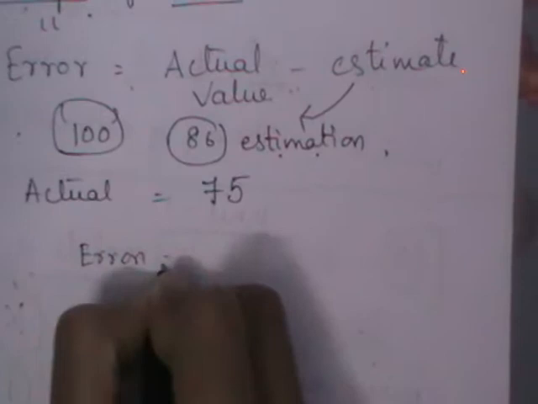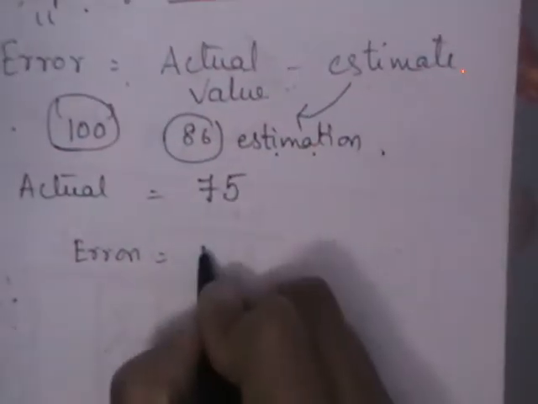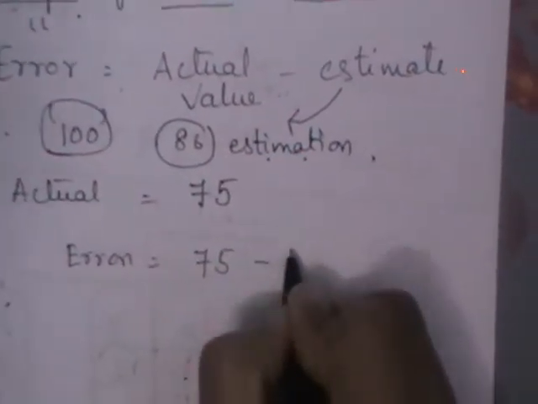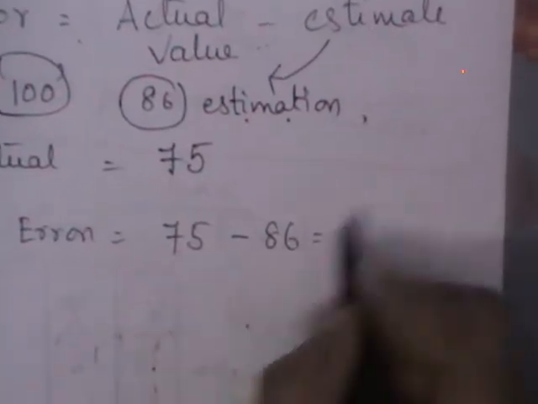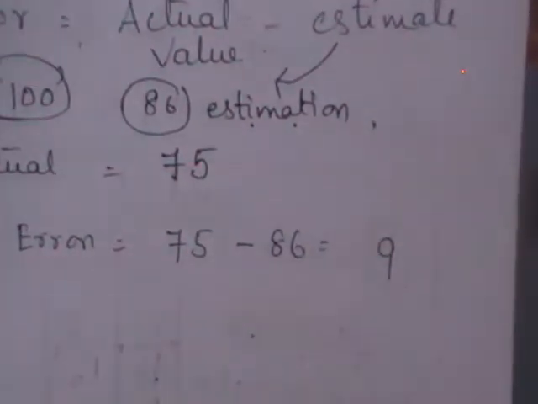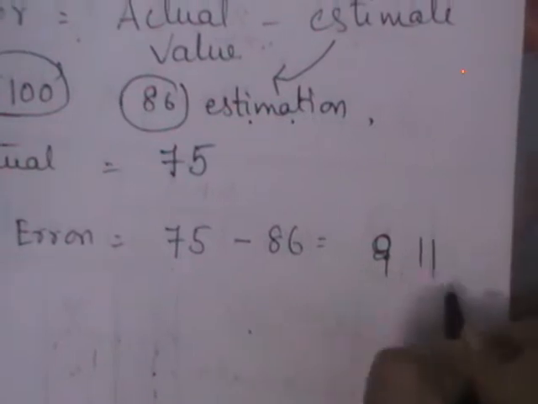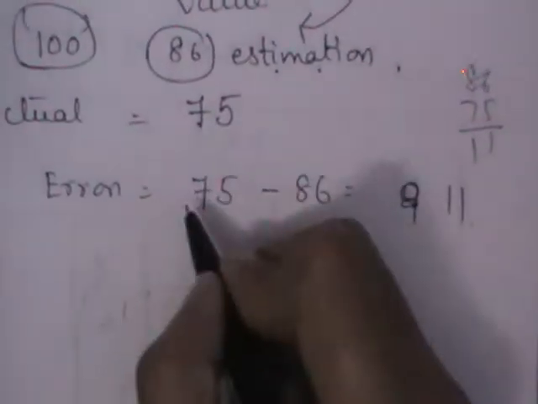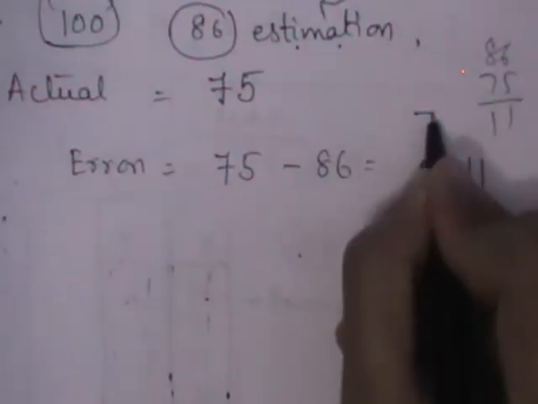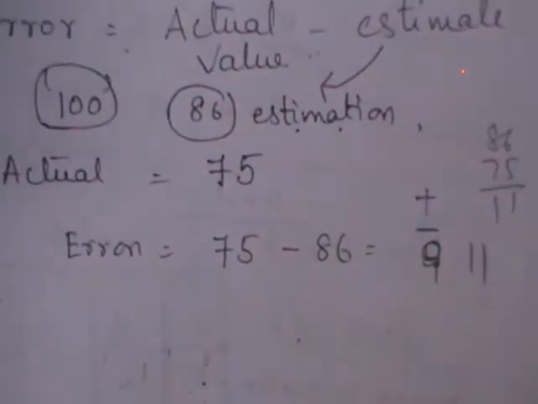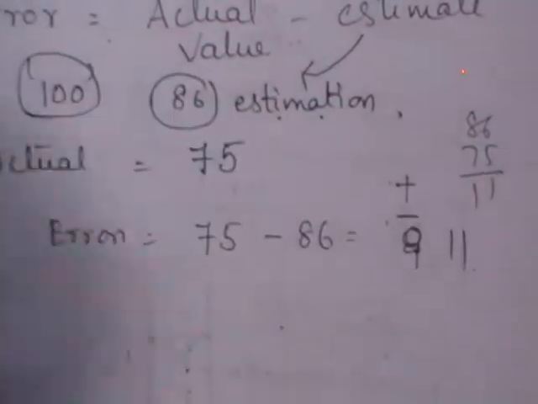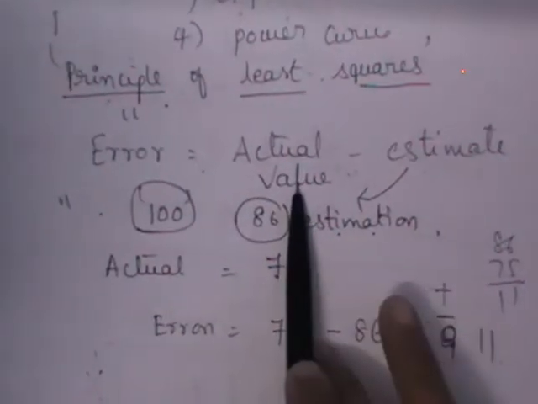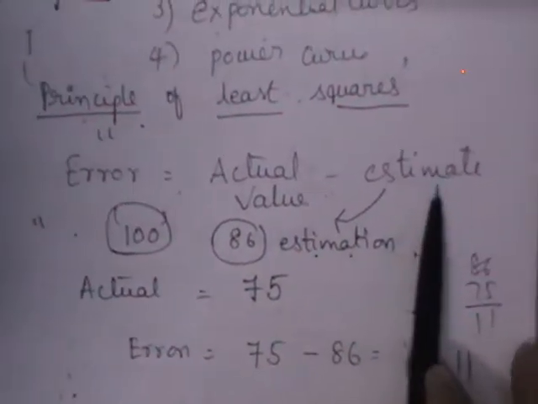Error we define as the actual value you got, 75, minus 86. You'll get a numerical value around 9 or 11. So error may be plus or minus in magnitude. How do you define error in general? The difference of actual value minus estimated value.